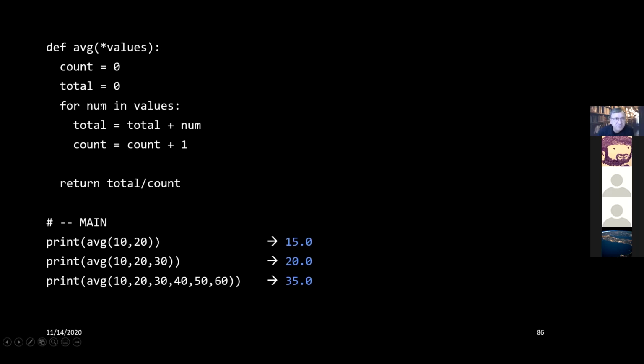We say for each value in this collection of values, whatever this was, for each one in that group of values, do this. So I'm adding them up and I'm keeping count of how many. And when the loop's done, I do the division and I've got the average returned. That's really flexible.